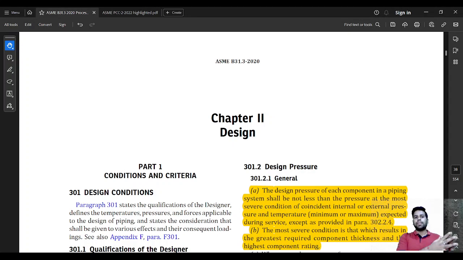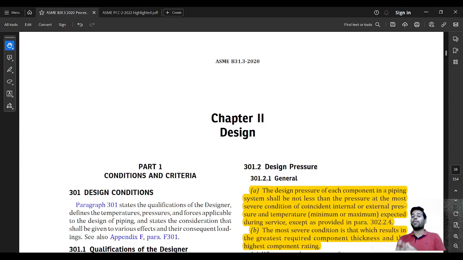And we have also seen there are some appendixes that are going to be attached in this code, where some are going to be the minimum requirements, some are just going to be giving us guidance or recommendations, and some are just basic information that is given for different kinds of piping systems. That's it for this video.